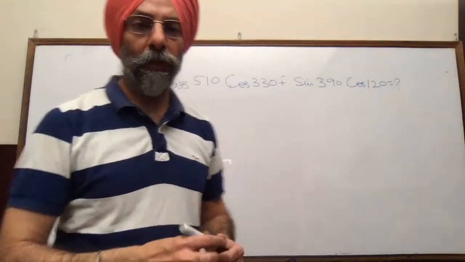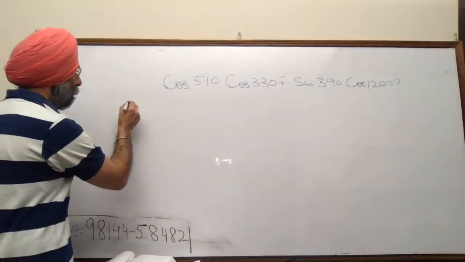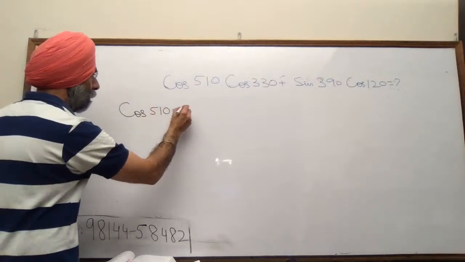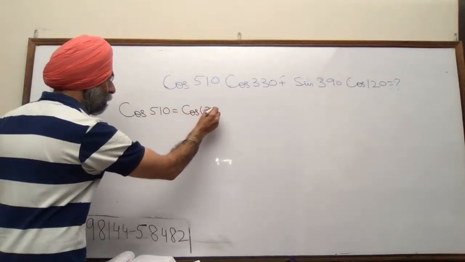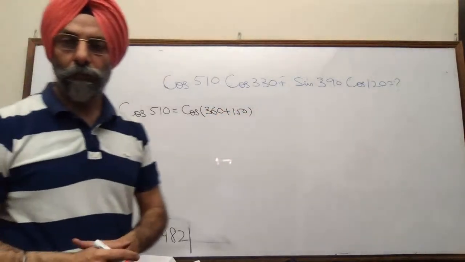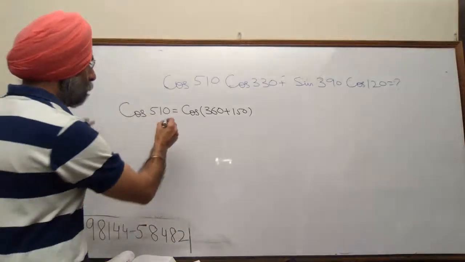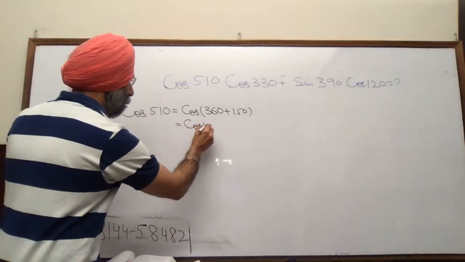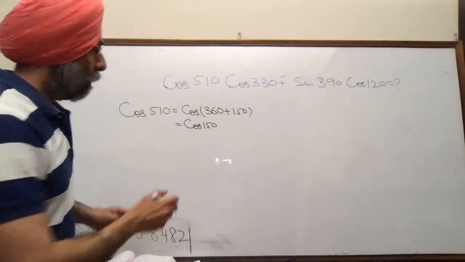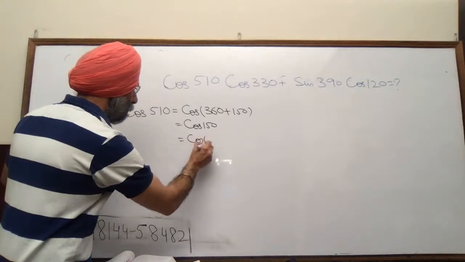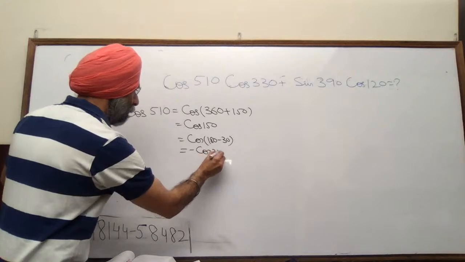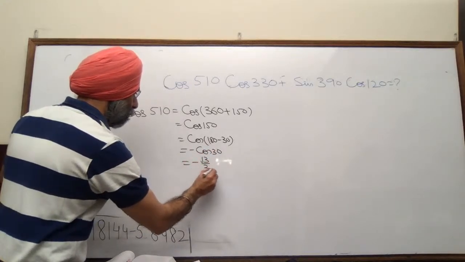So, to start with, first is cos of 510. Cos 360 plus 150, so this is equal to cos 150. This can be written as cos of 180 minus 30, which is minus cos 30, which is minus root 3 by 2.